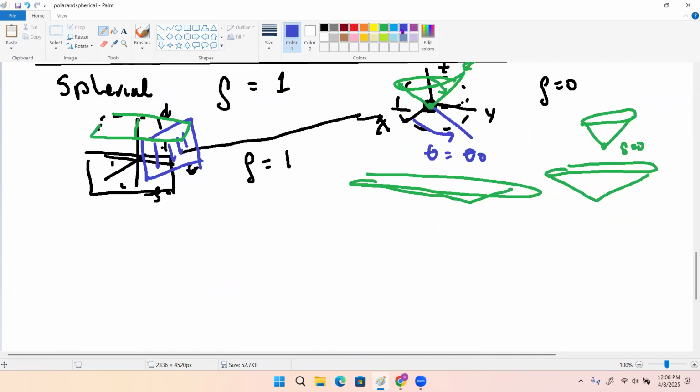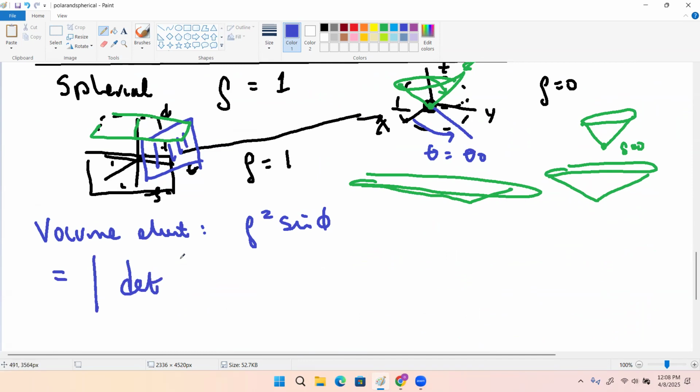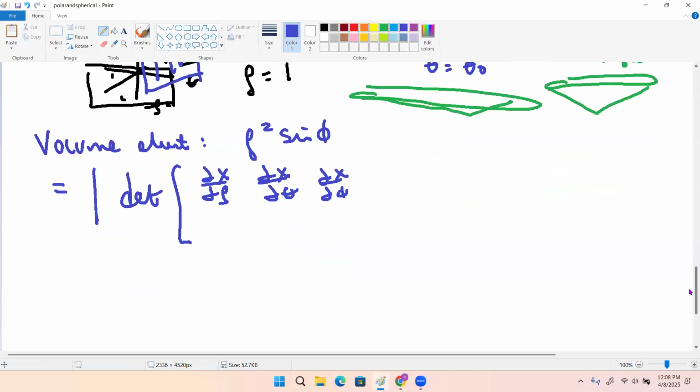Now, we also know that the volume element here is rho squared sine phi. And you were probably told that it's going to be the absolute value of the determinant of this matrix: partial x, partial rho, partial x, partial theta, partial x, partial phi. And I'll just write this all down. I'm not going to do the entire determinant because it takes a little time.